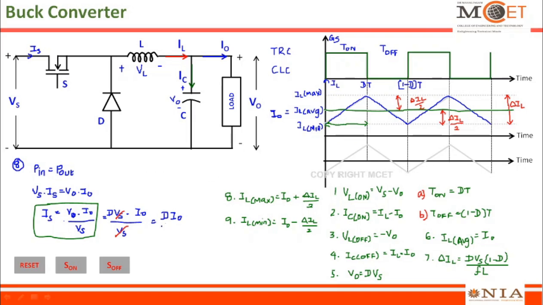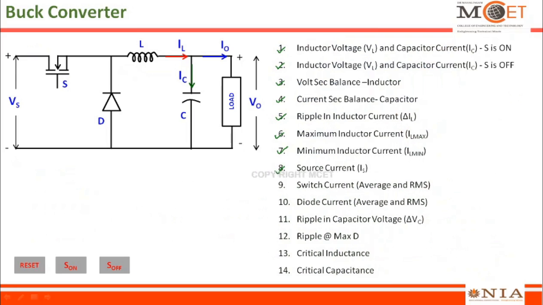This is another expression for Is, expression number 10. Let me write this expression 10 here for easy understanding of the further derivation, which is equal to D into I0.